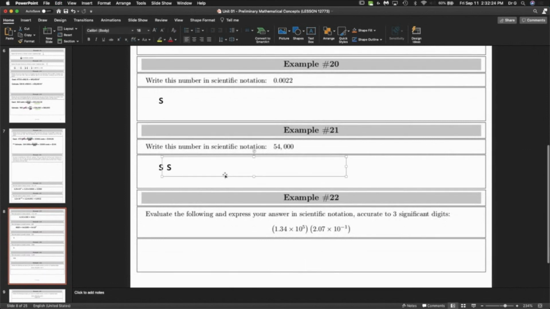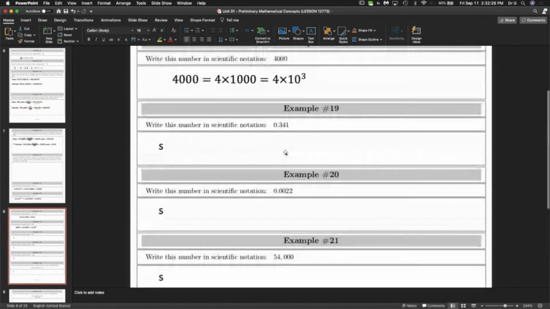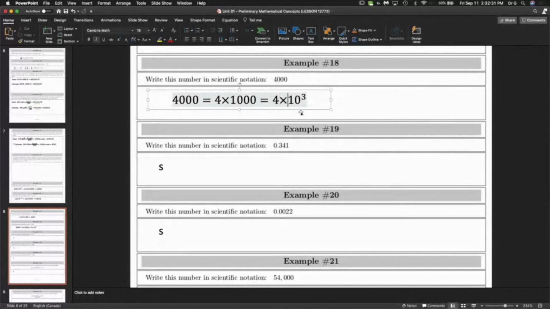If you write the 4.0, the 0 that you wrote is significant, but the number should be 4. This is 1 sig fig. But if you do 4.0 times 10 to the 3, that's 2 sig figs.